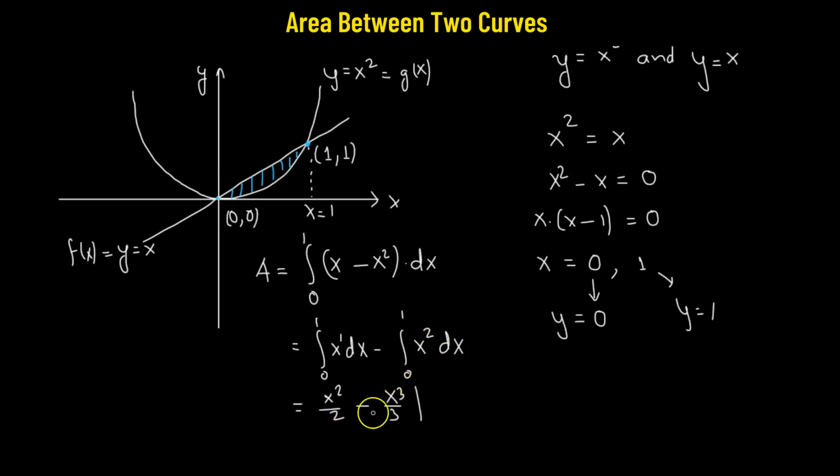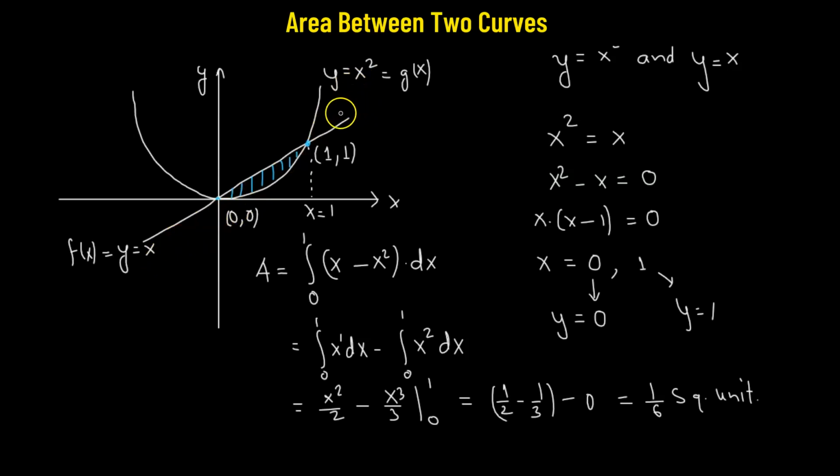Then we have to obtain the value of this function at the endpoints 0 and 1, and this is going to give us 1 over 2 minus 1 over 3 minus 0, which gives us the value 1 over 6. So 1 over 6 square units. This is going to be the area of the shaded region bounded by the curves y equals x squared and y equals x.